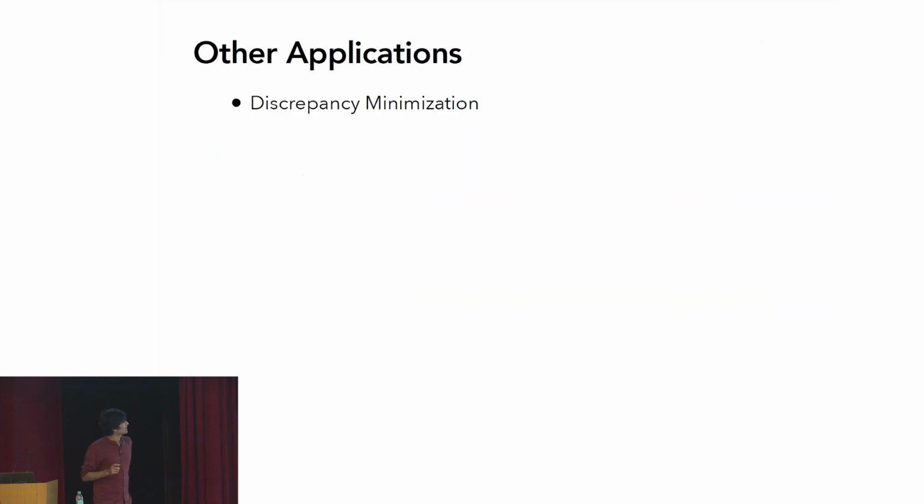The first one is discrepancy minimization. In online discrepancy minimization, you get vectors online and you need to assign signs. You can show that against an adaptive adversary, you can get only trivial discrepancy bounds. We can show that against an adaptive adversary with some smooth model, you can still get bounds that are analogous to the average case.